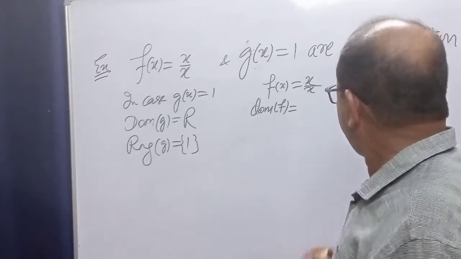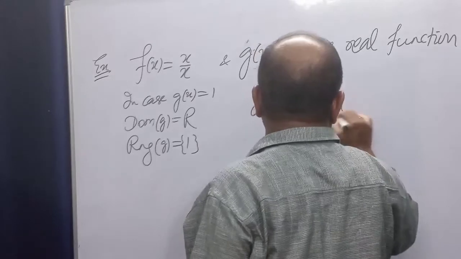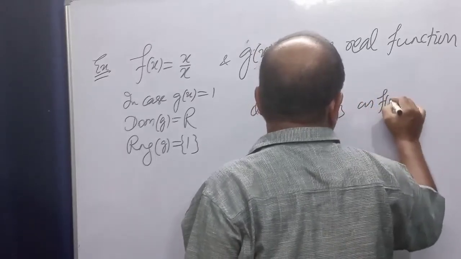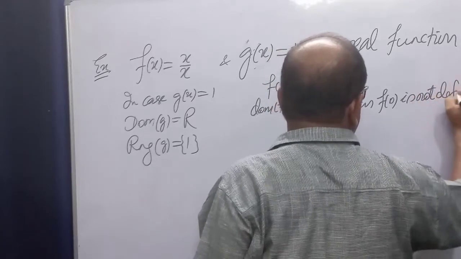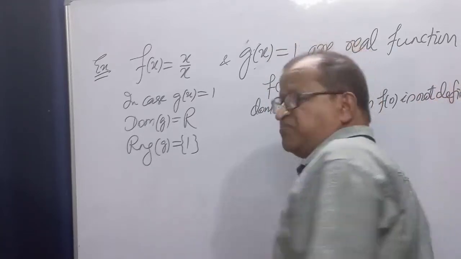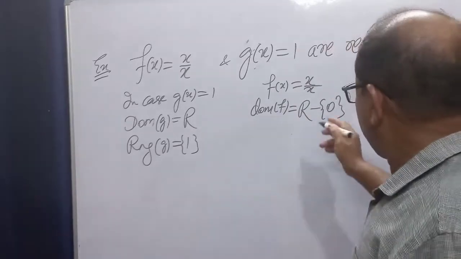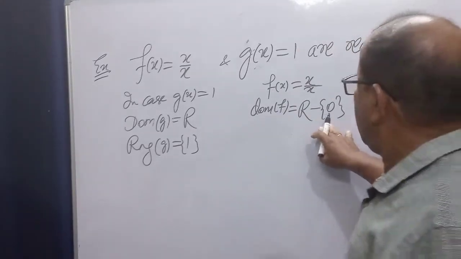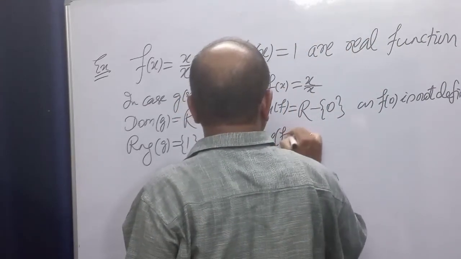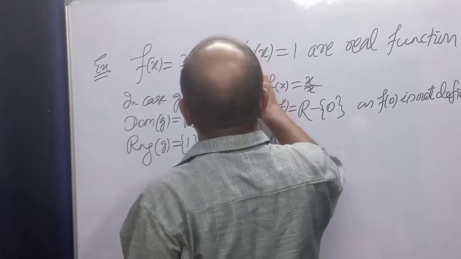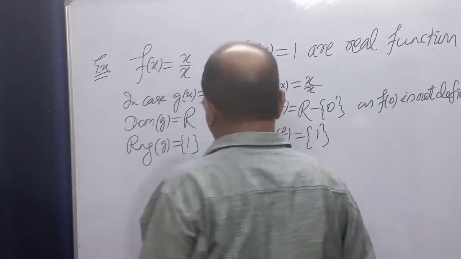So domain of f is R difference 0, as f of 0 is not defined. And the range of f is the set containing 1.